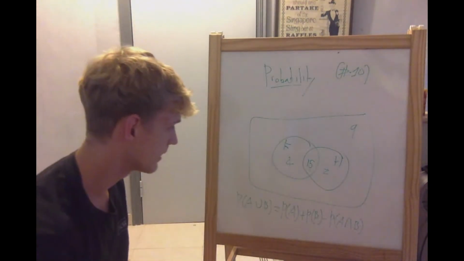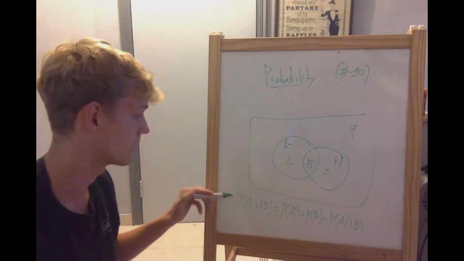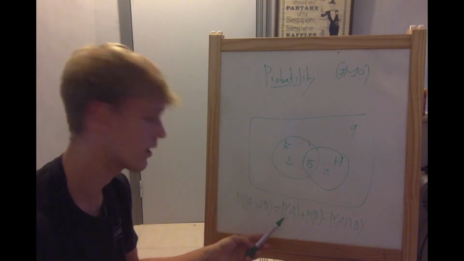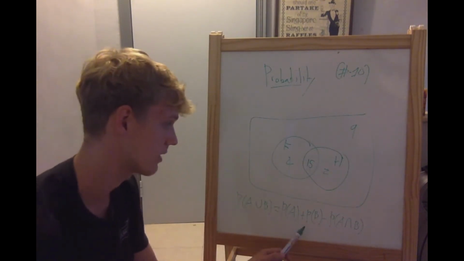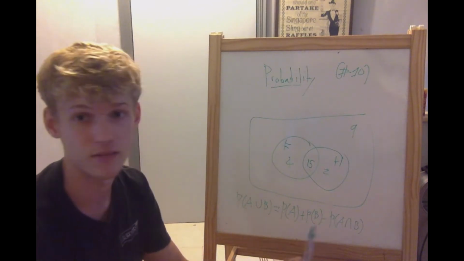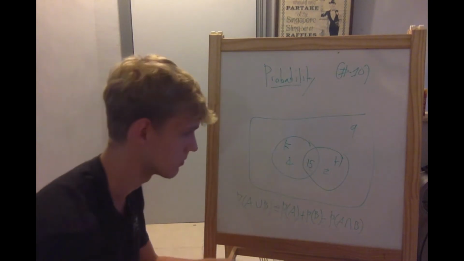This right here is the addition law of probability, and it states that the probability of A or B happening is equal to the probability of A happening plus the probability of B happening minus the probability of A and B happening. Now this might seem confusing, but if we look at it on a Venn diagram, it seems much simpler.